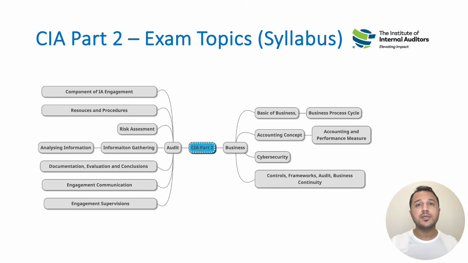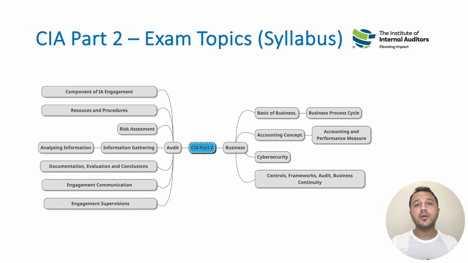So the audit section basically comprises the key components of the internal audit engagement, basically the internal audit cycle, what are the resources that are required, how we perform the risk assessment, how we identify, collect and analyze information, how we perform our documentation during the audit engagement, how we communicate our audit results, and overall the audit supervision.